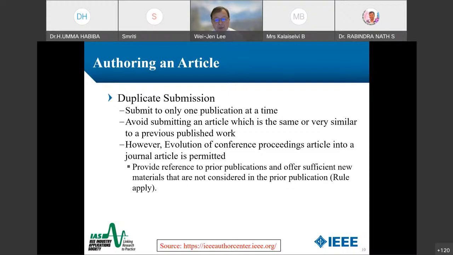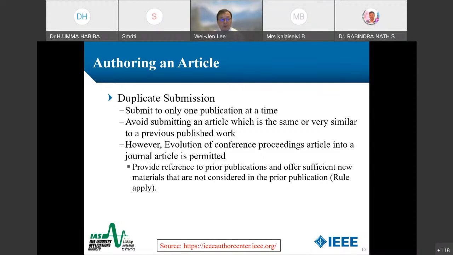If you look at the IEEE guide, when you submit a revised or improved paper, it requires a significant amount of new material, and also you must avoid plagiarism.